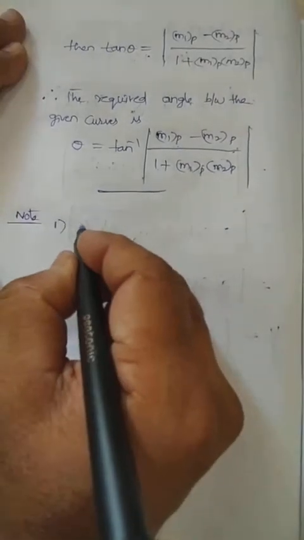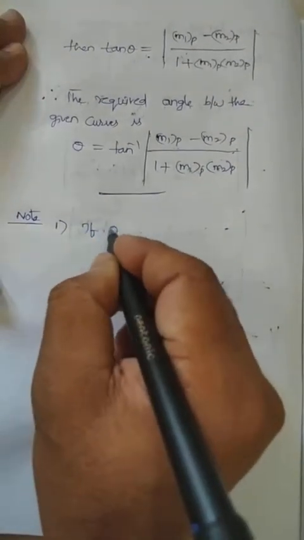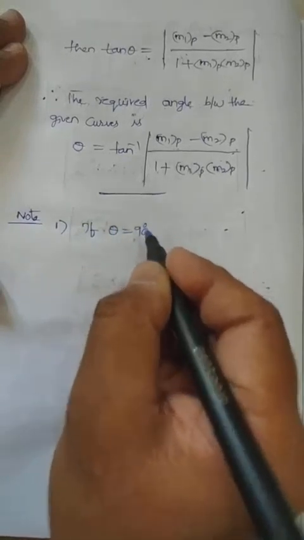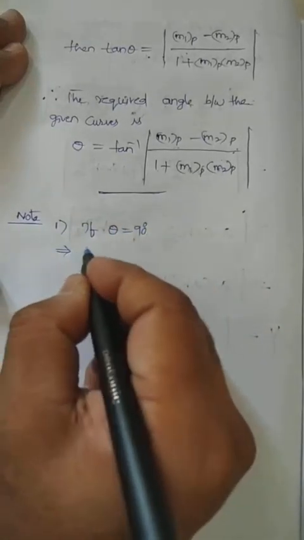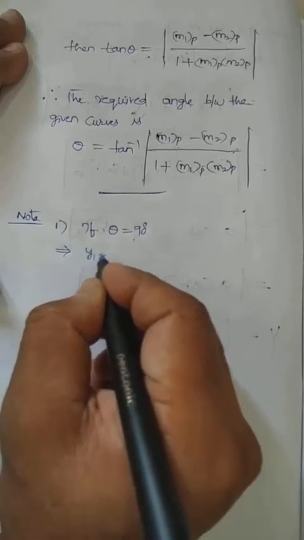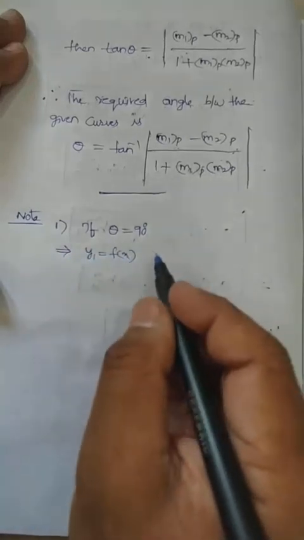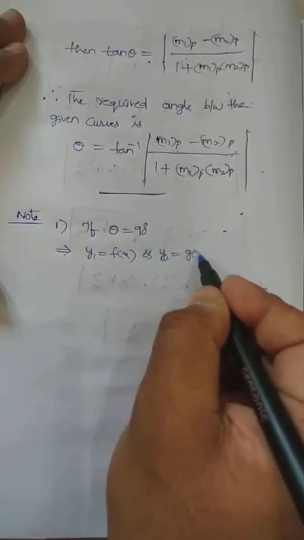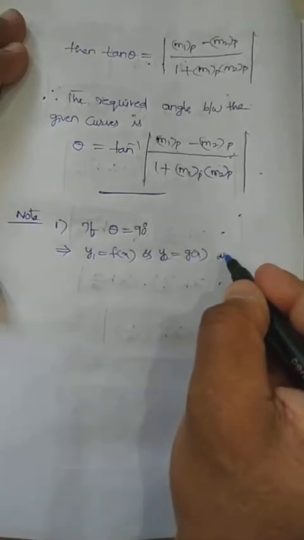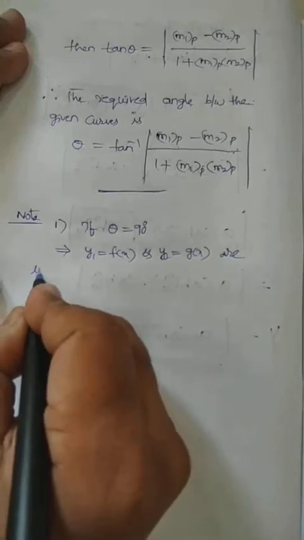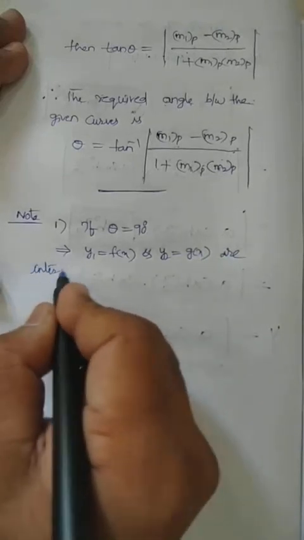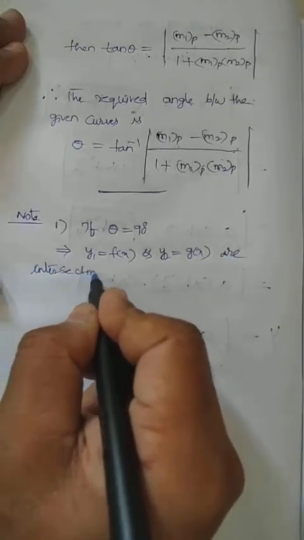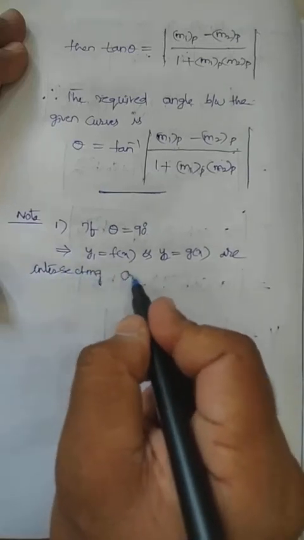Note: if theta is equal to 90 degrees, that implies y1 is equal to f of x and y2 is equal to g of x are intersecting orthogonally.